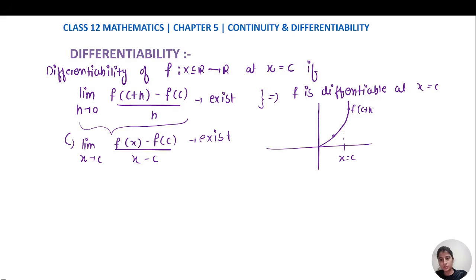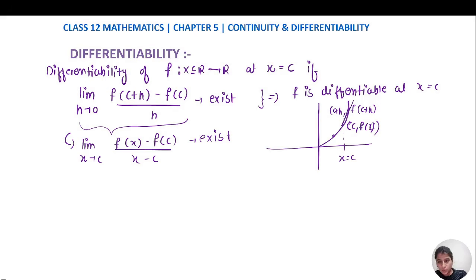Here the domain value is c plus h, and this one is c comma f of c. So we have this line as in this limit.